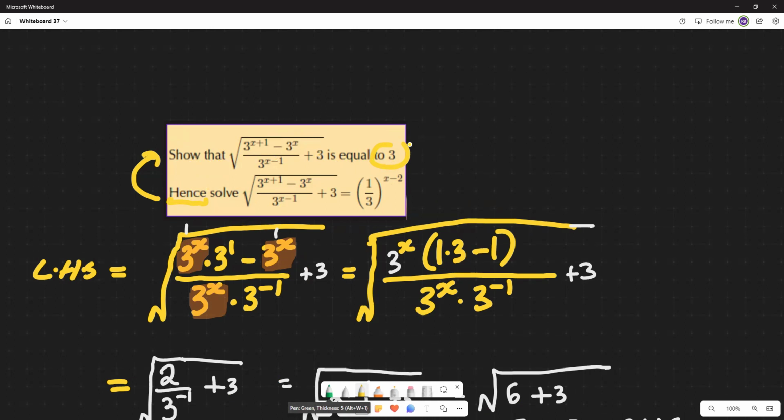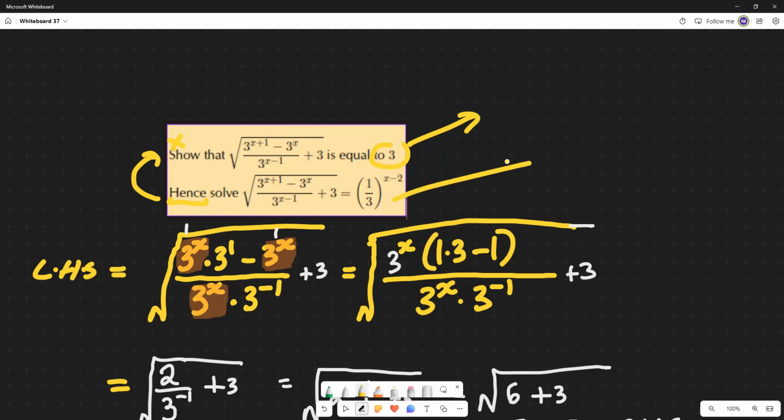I'm giving you test advice here, examination technique. So let's say you couldn't do this, but they say hence, it means you have to use the answer above. And there will always be something common between these questions. In the questions with hence, there's always something common. If you check here, this expression is exactly the same as that one. But we showed that this one is 3. So it means I can replace this here with 3.